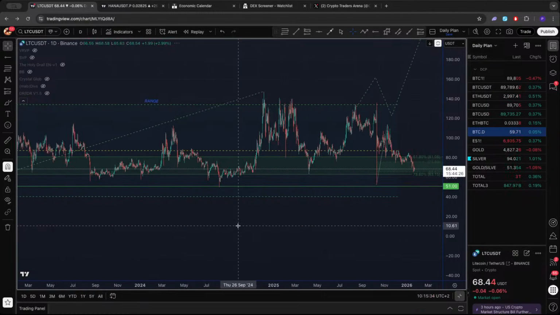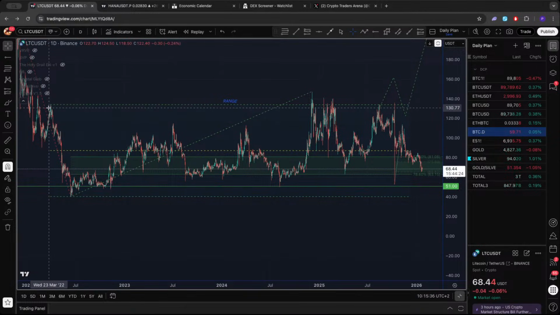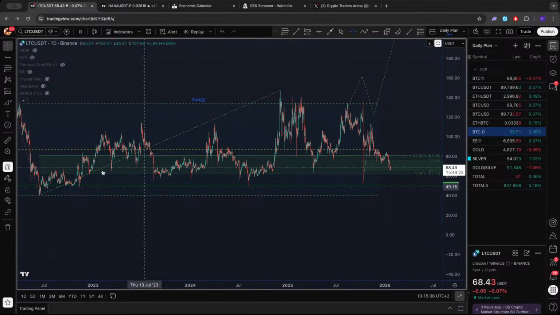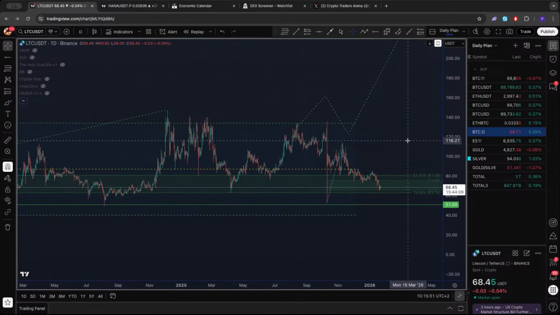As you can see, we are in the same range from a long time ago, from 2022. We are fucking around between $40 and $140, a $100 range. I want to focus on Litecoin? Fuck no. No, thank you.